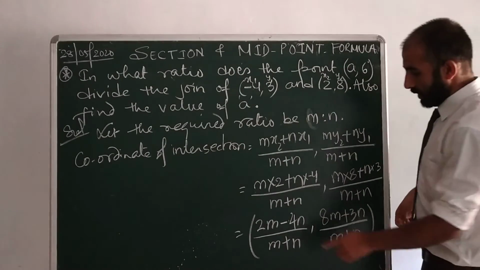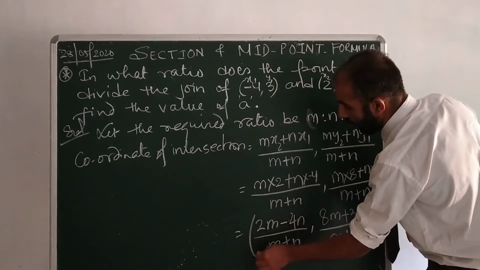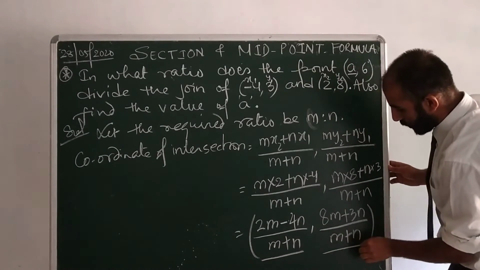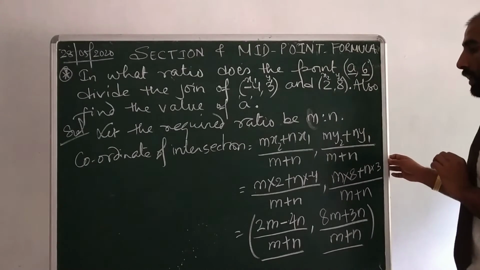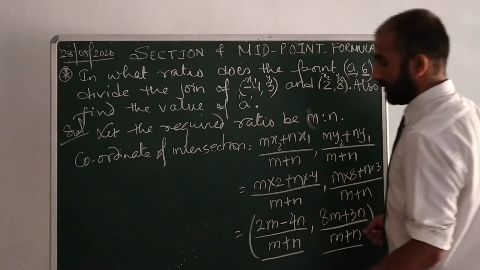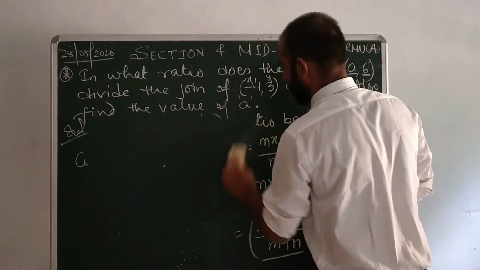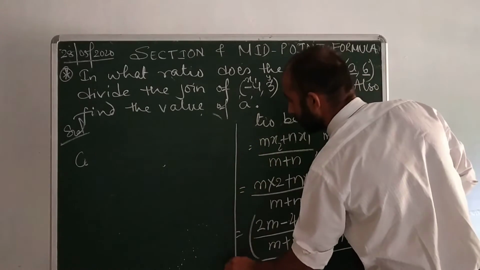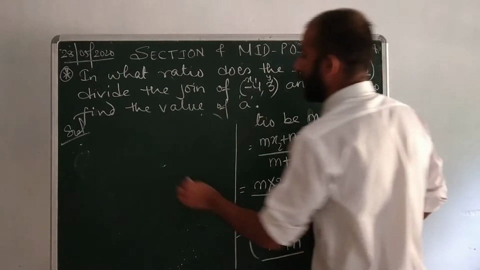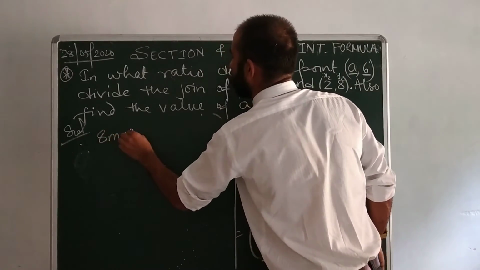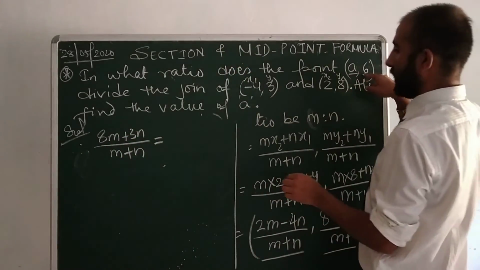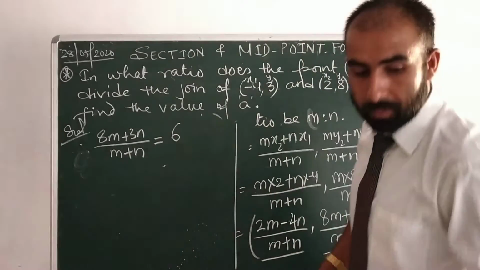Now see, this coordinate matches with this, and this coordinate is this one. So let's equate this to the y coordinate. Therefore, 8m plus 3n by m plus n is equal to 6. Okay, let's cross multiply.